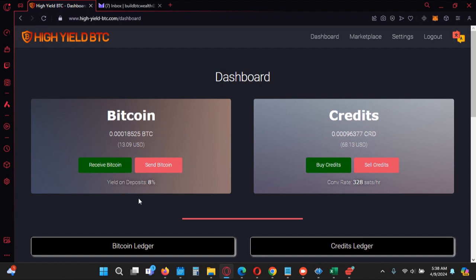Now, speaking about those yields, the release I just dropped a couple of days ago was to increase the conversion rate of credits. So what I've done is drop an indication here to let you guys know at any given time the conversion rate of converting from your credits to Bitcoin.